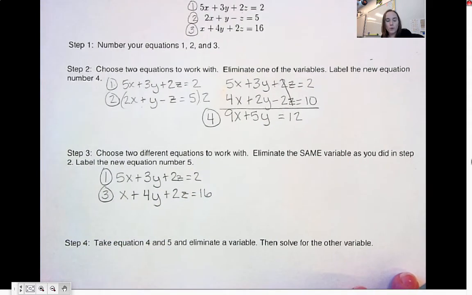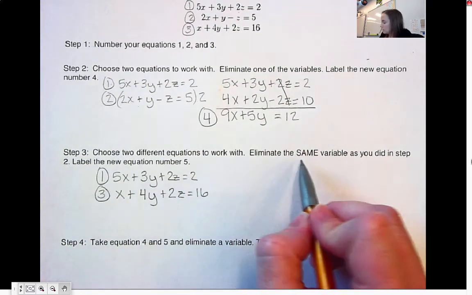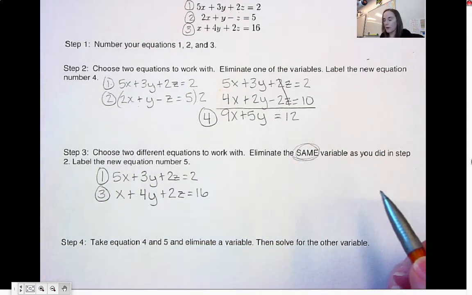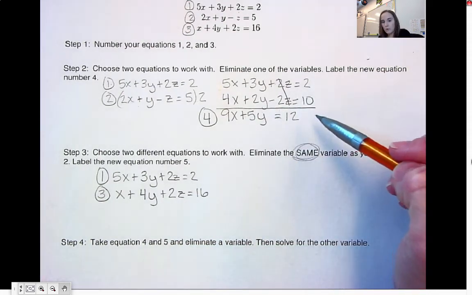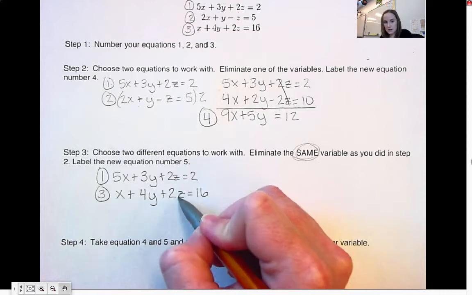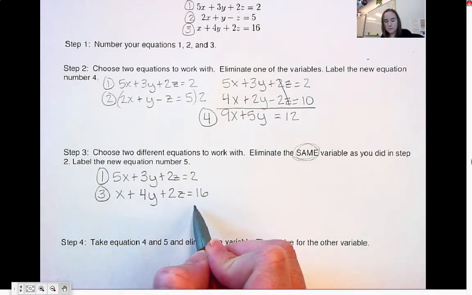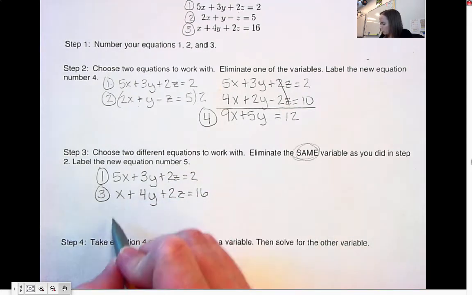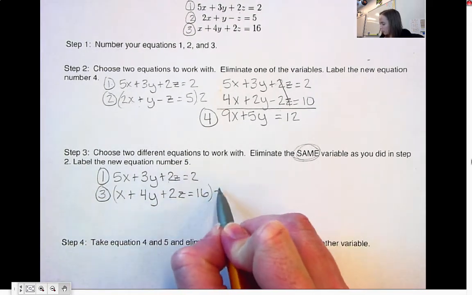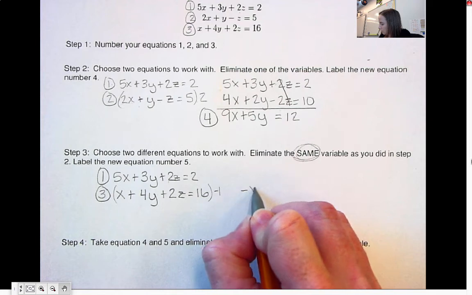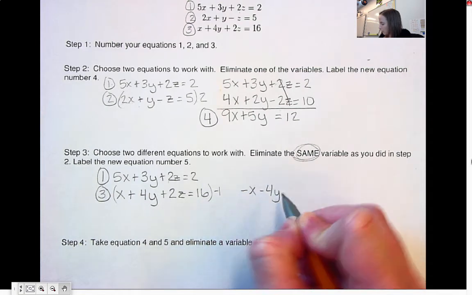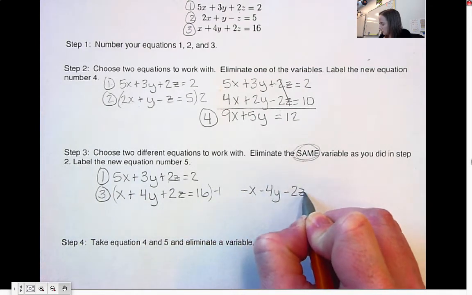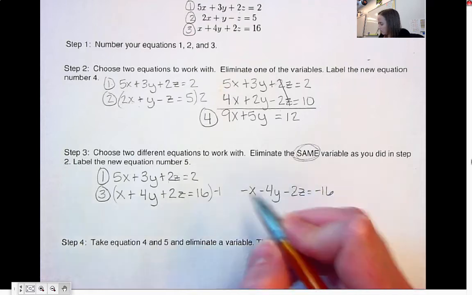Now, what's really important here is that you need to eliminate the same variable as you did up here. So I need to eliminate the z's again. So I need one of them to be negative because they're both already 2. So let's multiply all of this by a negative 1 and we'll get negative x minus 4y minus 2z equals negative 16.